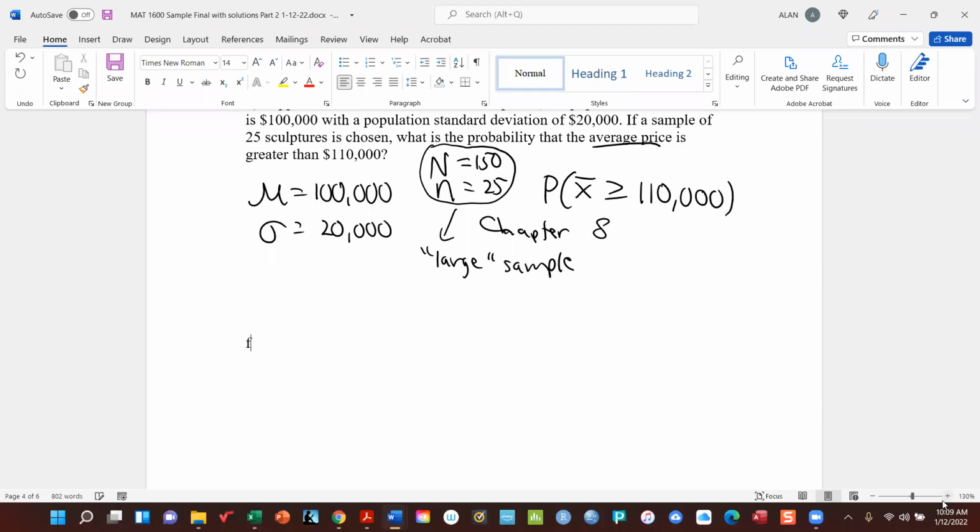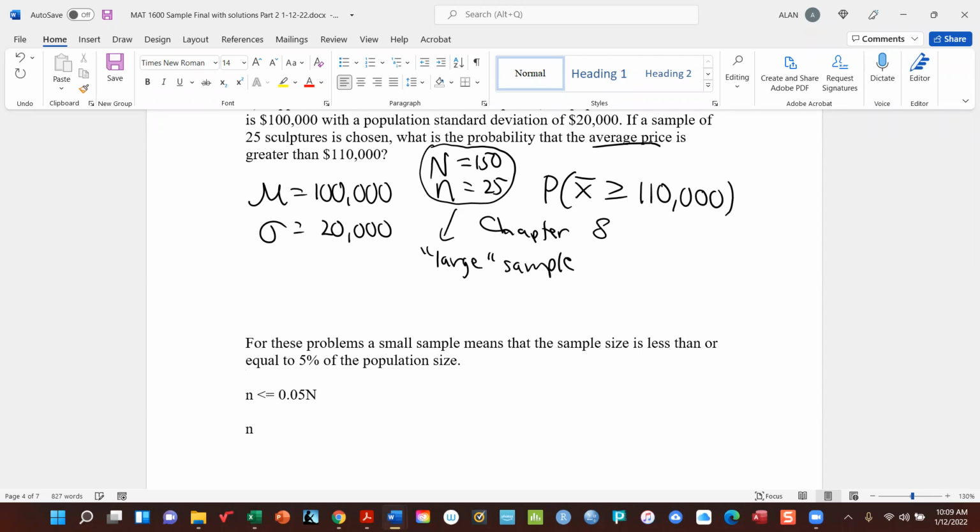For these problems, a small sample means that the sample size is less than or equal to 5% of the population size. So in other words, you could write it as n is less than or equal to 0.05 capital N, or you could write the ratio of these two is no more than 5%.